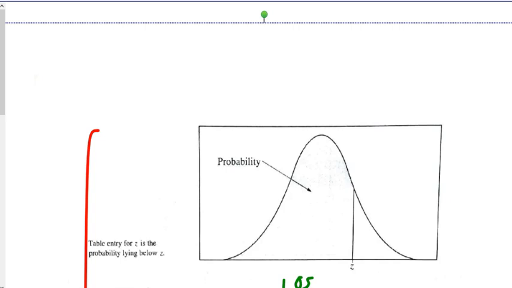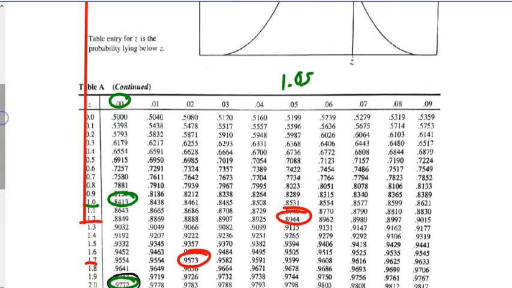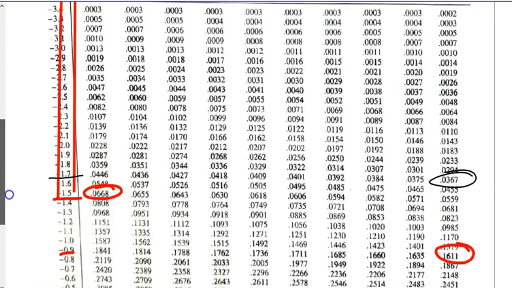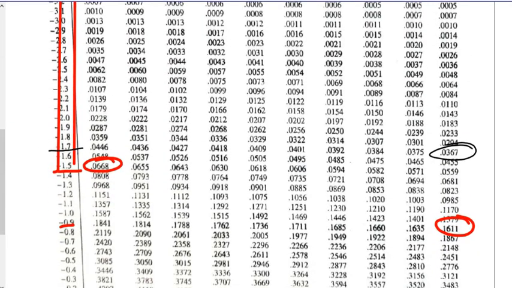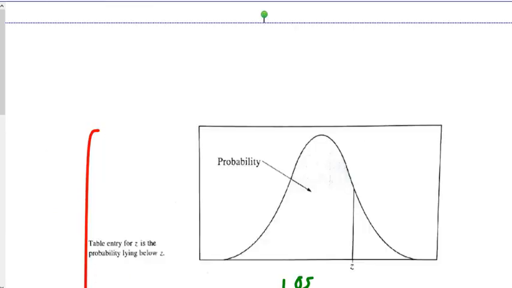So 0.193 gave us -2. Wrong chart. So -2 is 0.0228.